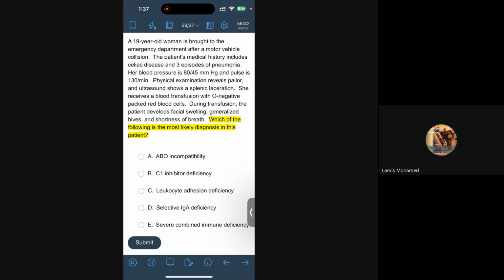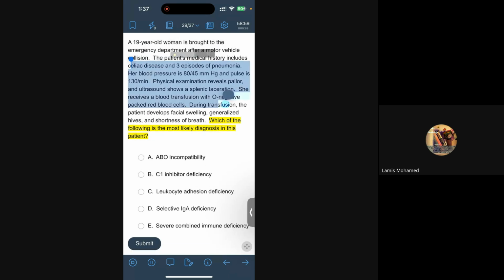What is the age? 19-year-old. 3 episodes of pneumonia. Yes, celiac disease as well. Facial swelling, generalized hives, and shortness of breath.